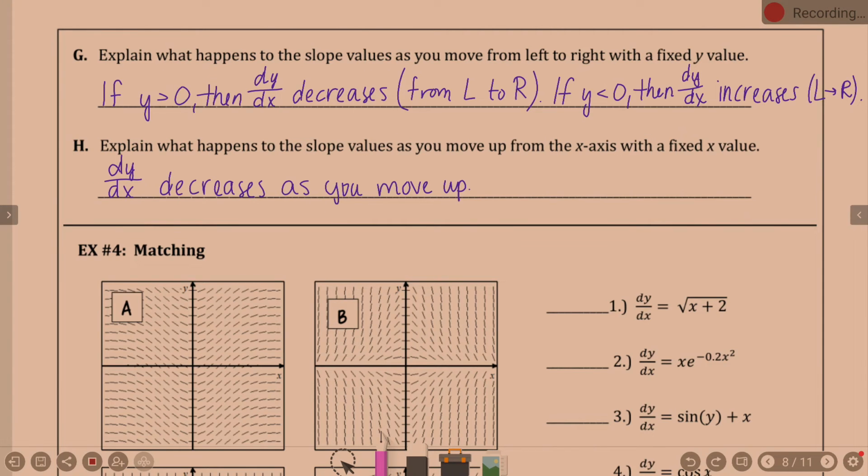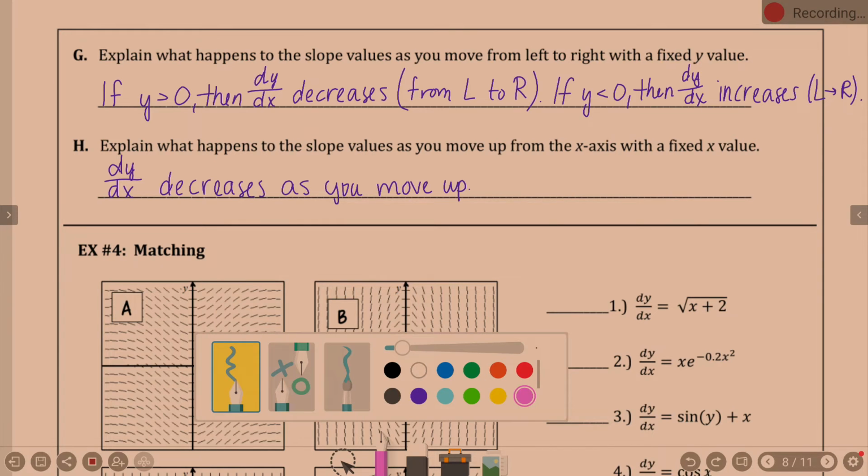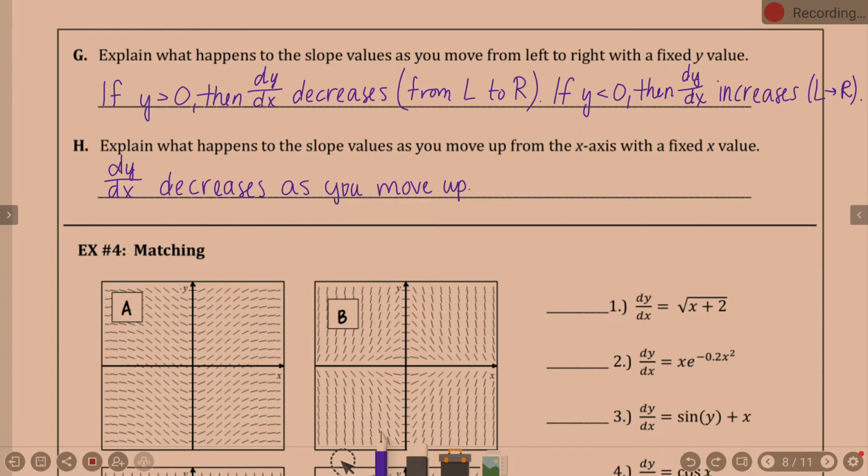So over here, this is going to be when x was less than 0, dy/dx was decreasing as you move up.